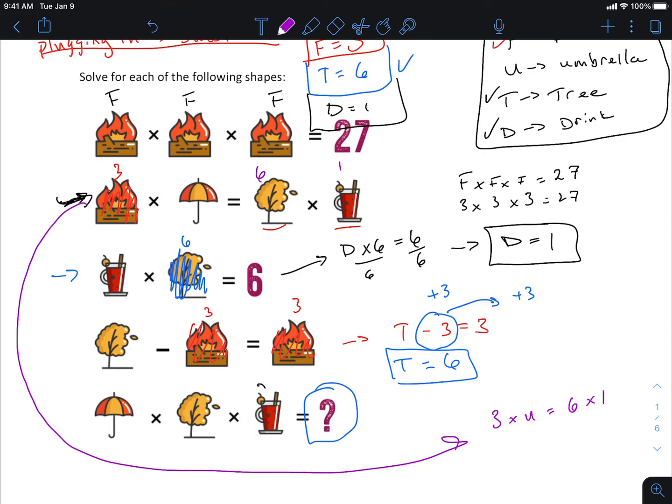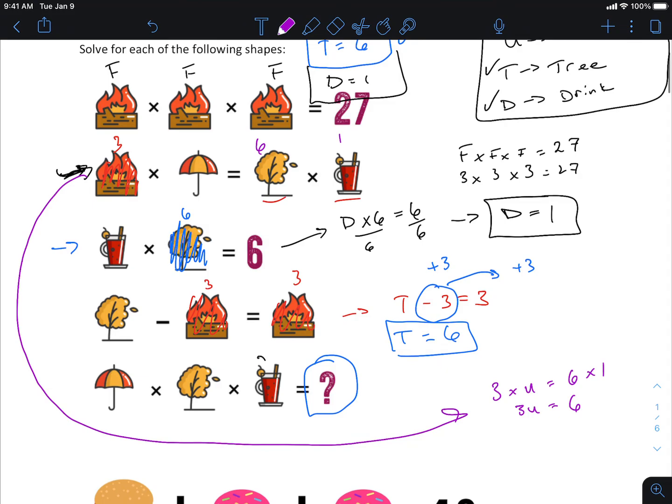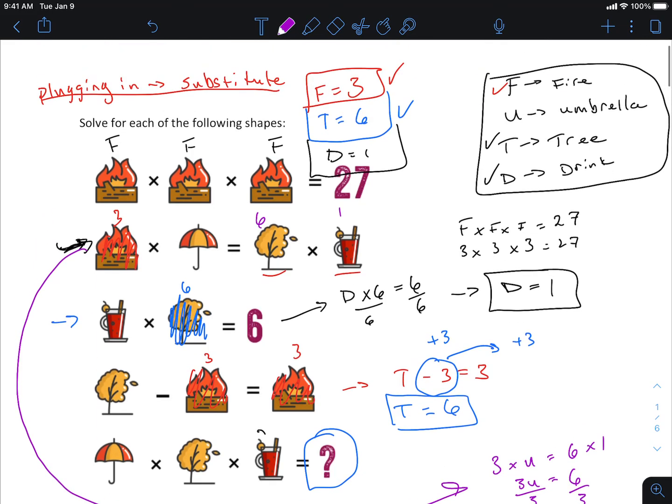Which you could also write like this, 3u. Remember, if these two things are beside each other, it's implying multiplication. 3u is equal to 6. To get u by itself, I'm going to divide by 3. And so u is 6 divided by 3, which is 2. Okay, there's all 4 things found.